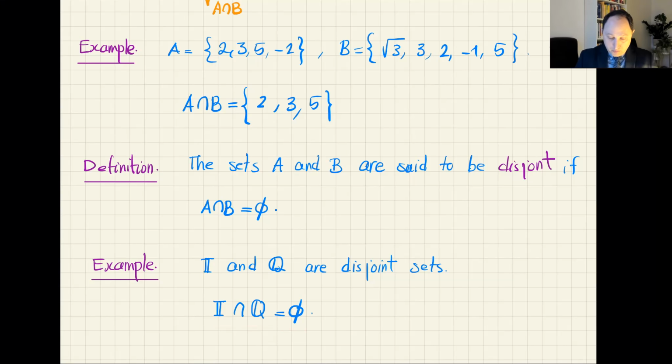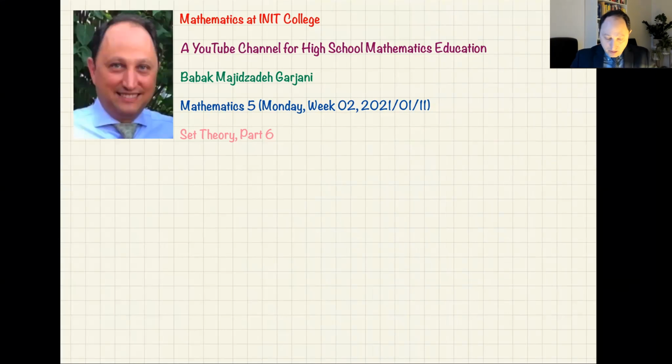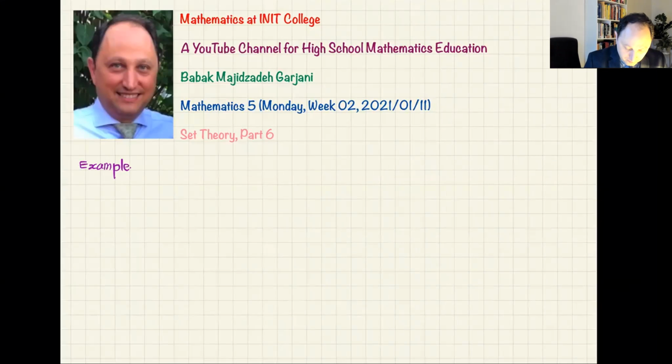Okay, so let me give an example here. Let A be equal to this set, the set containing the empty set and the singleton containing the empty set, and let B be this set, for example.